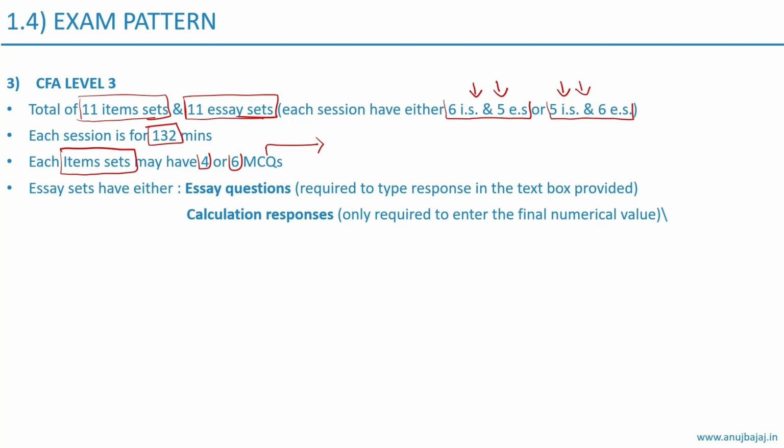The essay sets can either have essay questions where you are required to type the response in the text box, or the essay set may have calculation responses where you are only required to enter the final numerical value. It is not necessary that you show your calculations, your method of calculations. You will achieve full credit even if you enter only the final answer.